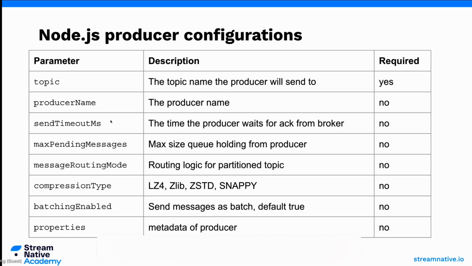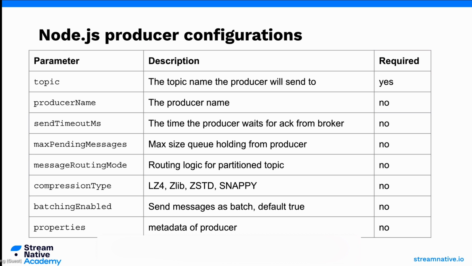And sendTimeoutMs: if you send a message, you can specify that you're going to wait for the broker to acknowledge, saying, oh, I received the message. If the broker didn't respond, then you have to handle it, like, okay, I need to resend.